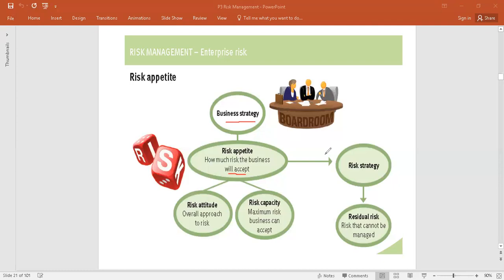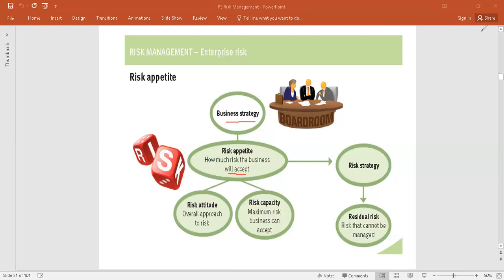In spite of all such measures, sometimes we still see that some portion of the risk is unaddressed. It still affects the business, and it cannot be minimized or managed. Such a risk is called residual risk. Anything left over even after effective measures are taken to manage the risk, we call residual risk. Learn about that conceptually.